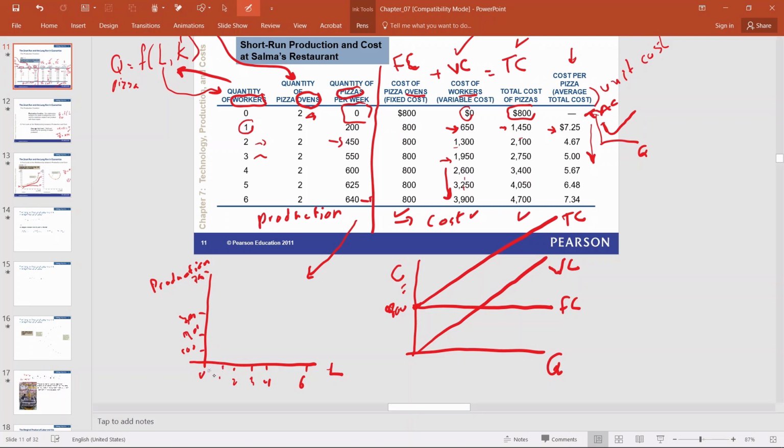So if we draw the curve here, as you see, the number is increasing. So this is 200, somewhere here 400, but it starts from 0. So it will do something like this. So this is called the production function or production curve.